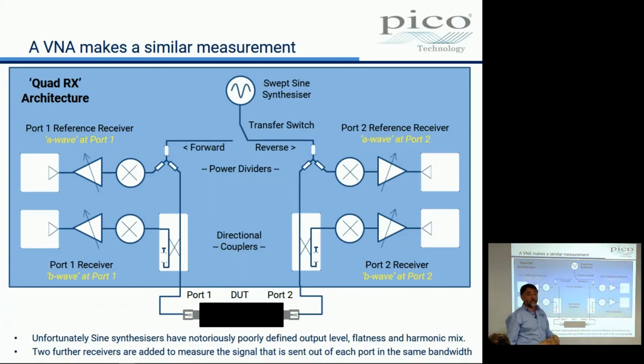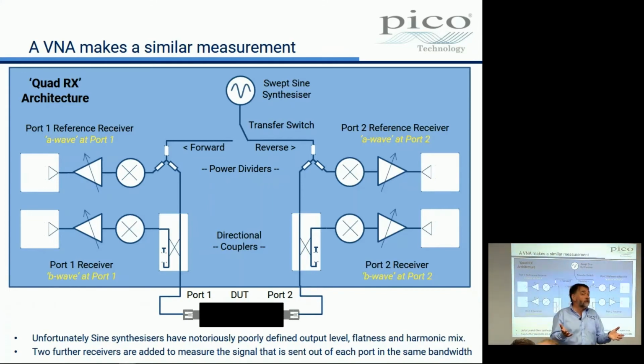We don't do that, because if we do, we get down into DC offset, causing all sorts of fluctuations, flicker noise. So what you want is an IF frequency that is relatively high, so that you don't get into 1 over F or flicker noise of all these components.